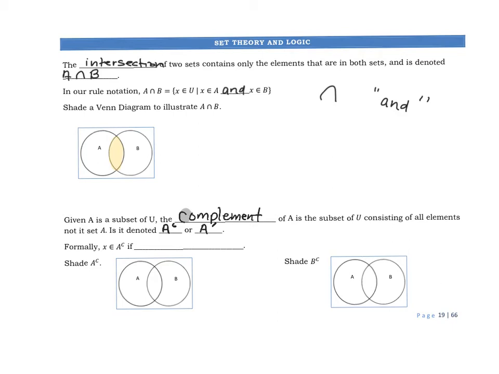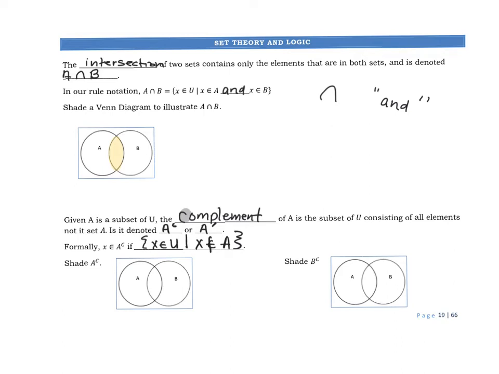So formally speaking, X is an element of the complement of A if X is an element of the universal set such that X is not an element of A. Okay, that's all there is to that.